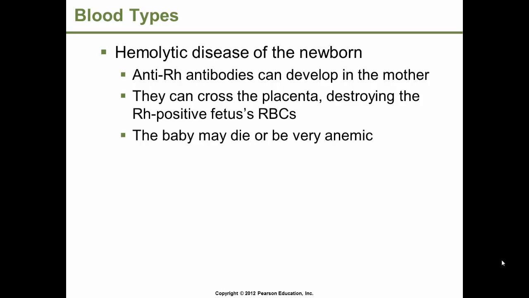Of course, the Rh antigen is also determined from our genetics that we get from our mother and our father. So therefore it would be possible that the father's Rh antigen is being expressed in the fetus.